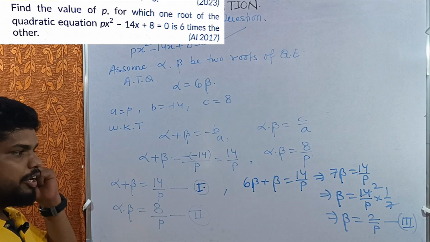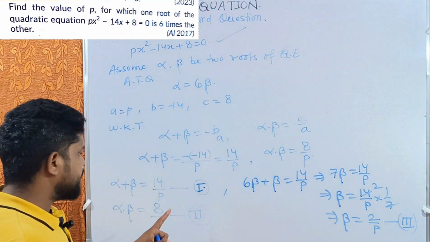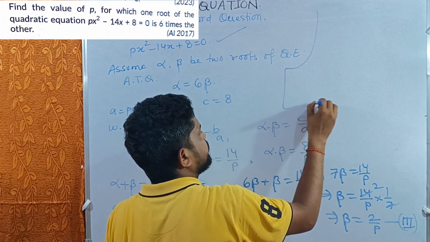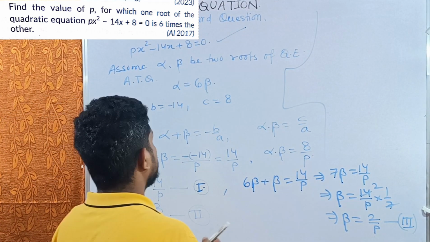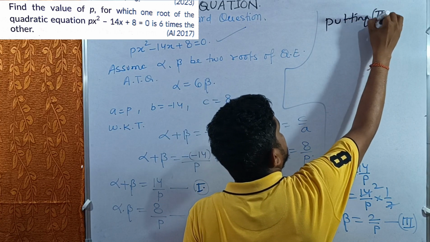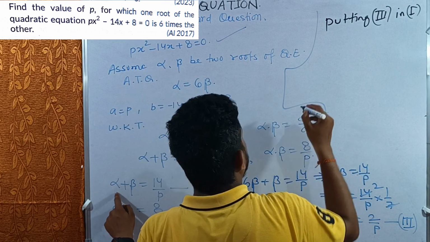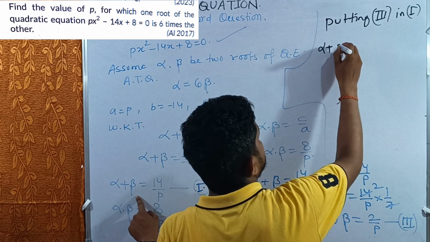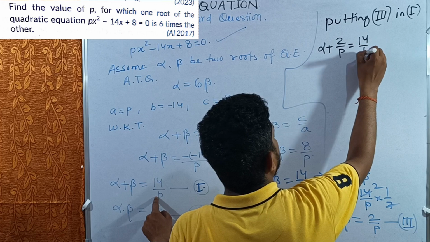Now dear students, we will substitute the value of equation 3 in equation number 1. On putting 3 in 1, we get alpha plus 2 upon p equals 14 upon p.